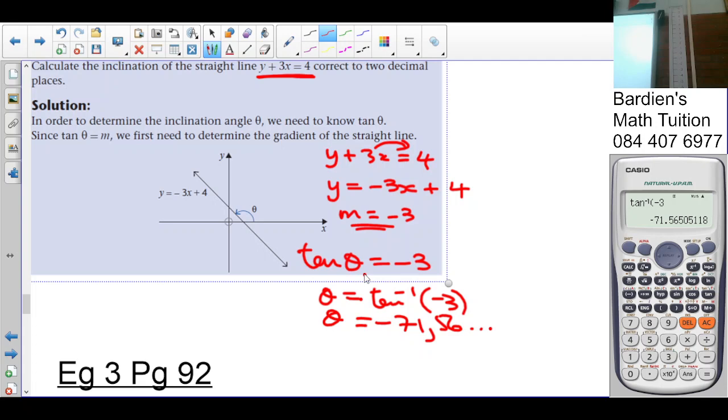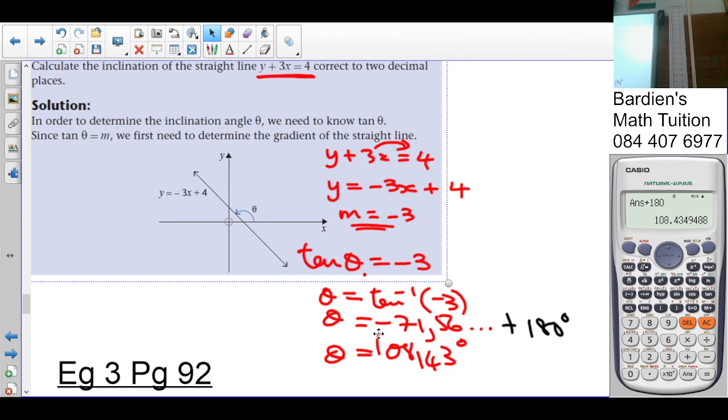Okay, so what do we do? Add 180 degrees, since the angle is negative. That gives 108.43 degrees. Do you have any confusion? You all understand? Okay.